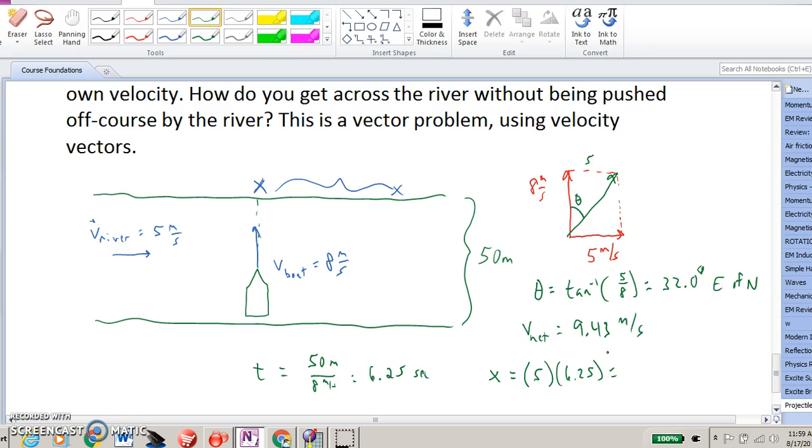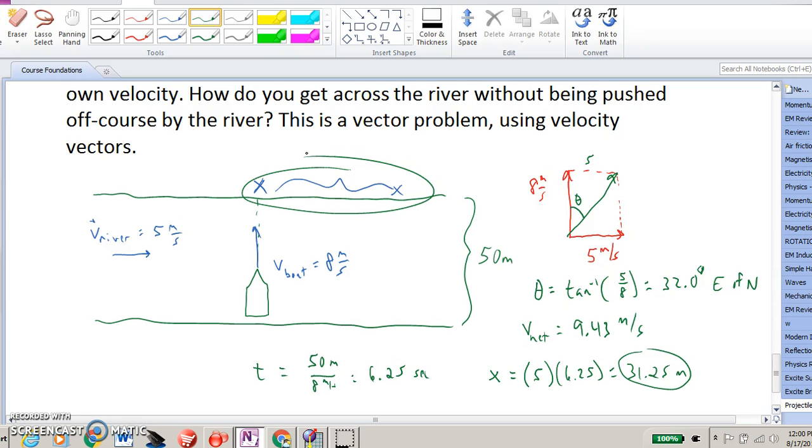If we multiply that out, we get something like a little over 31 meters. That's how far down the river you'd be pushed if you didn't make any corrections.